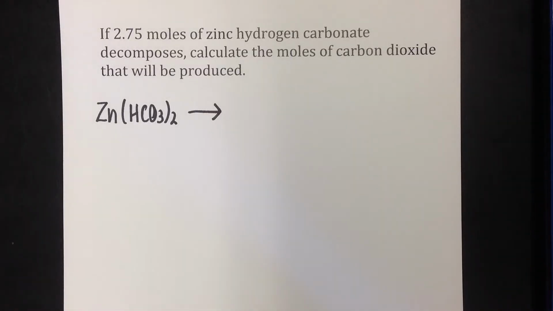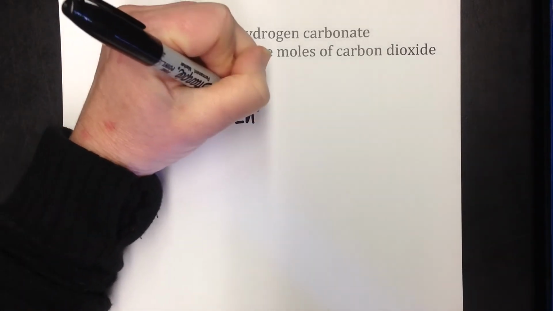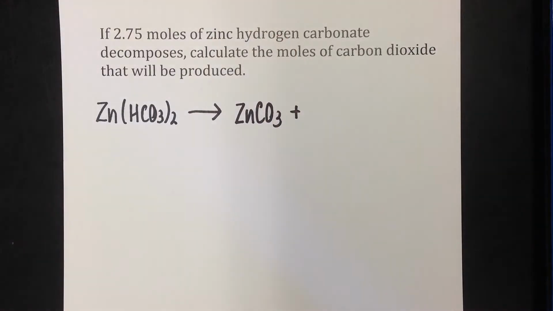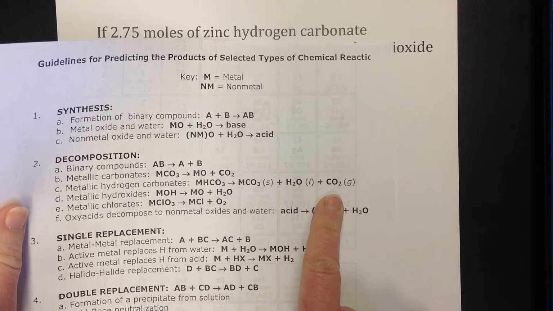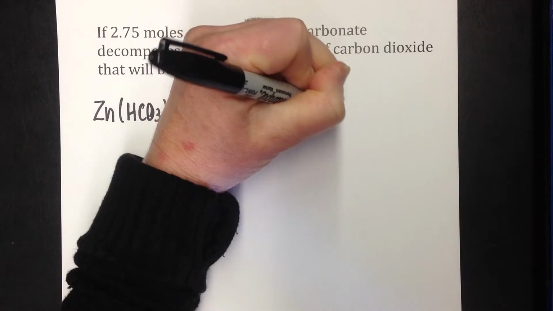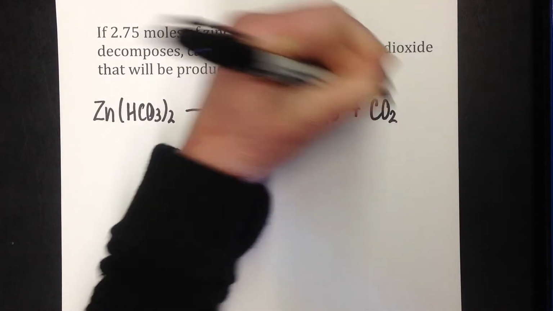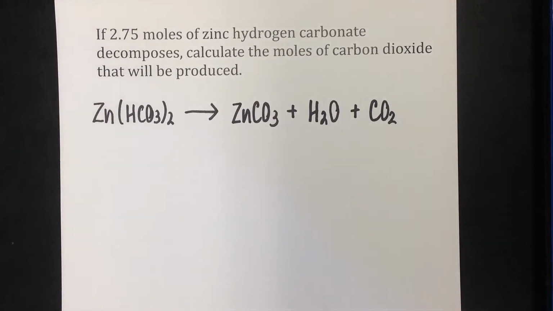Zinc is a +2, carbonate's a -2. The 2's will cancel each other out, and I get ZnCO3. And then again, the byproducts are water and carbon dioxide. So H2O and CO2. The order I write these in really does not matter, as long as I have these three things.